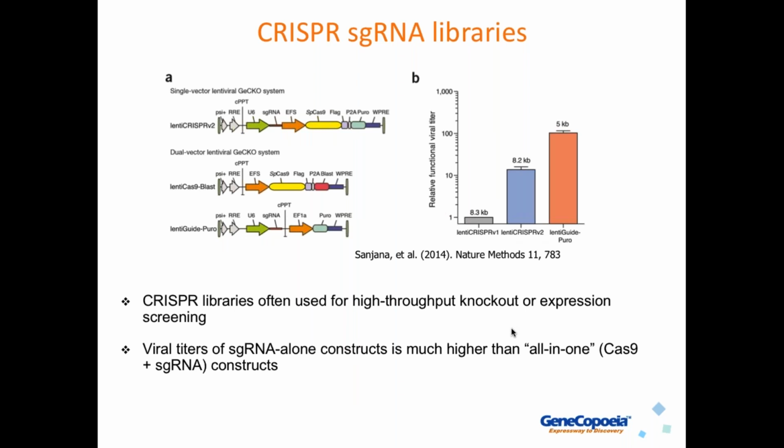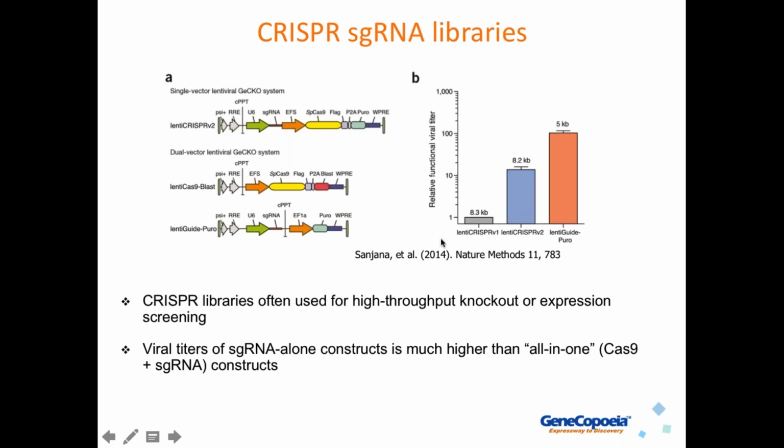One of the most widely used libraries comes from the laboratory of Feng Zhang at the Broad Institute. This is a paper that described their Generation 2 single guide RNA libraries. This is a whole genome library, okay? And they actually have two different systems. One is an all-in-one system, and it's lentiviral based, where both the single guide RNA and the Cas9 are expressed on the same construct. And they also have a dual vector system where they're separated, like they talked about before.